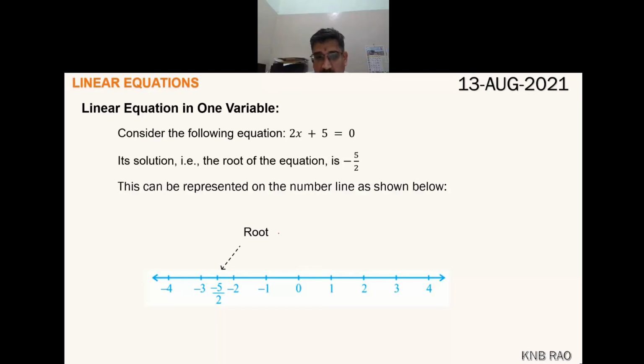This is the root of the variable x, or solution of the variable x, represented for this equation. And it is shown on a number line, not on a Cartesian plane.